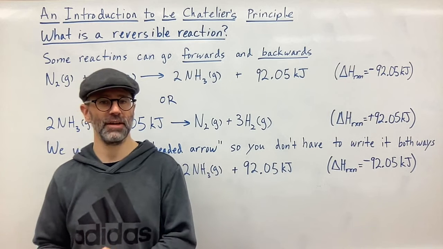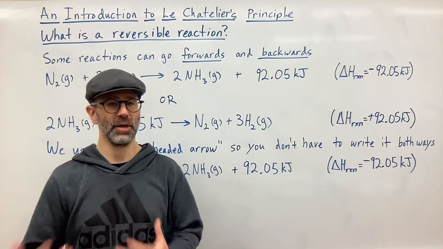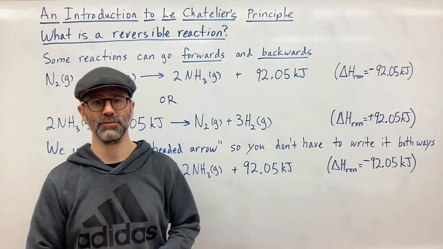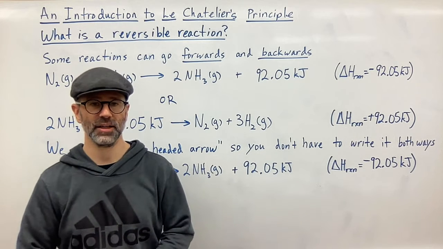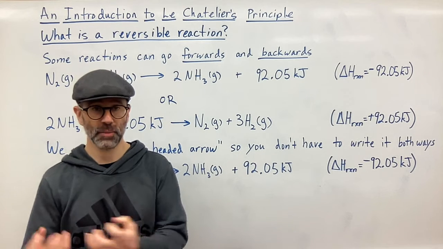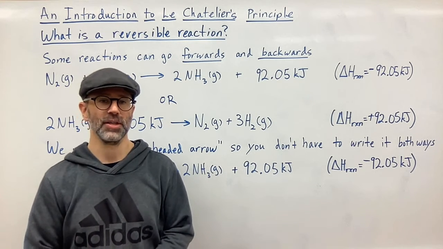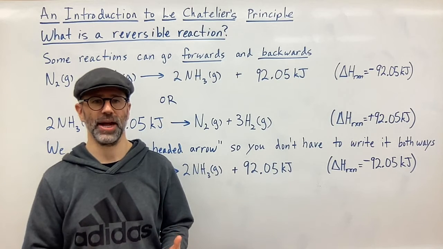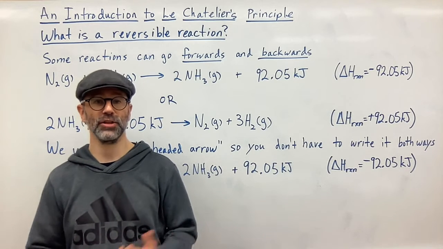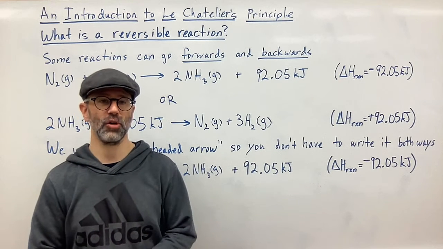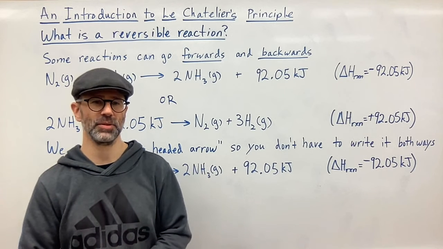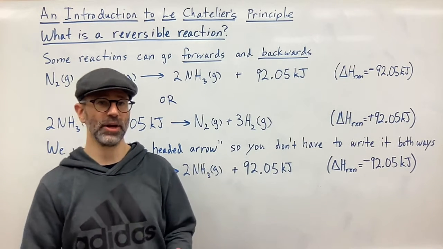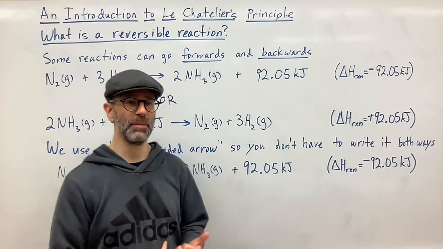You're just going to be left with ashes and carbon dioxide and other stuff that's formed during the reaction, and you can't go backwards and recreate the piece of paper from its elements. So that would be an irreversible reaction. But some reactions, they do go backwards, right? So those are the ones that we're going to be focused on with Le Chatelier's principle. So some reactions can go forwards and backwards.